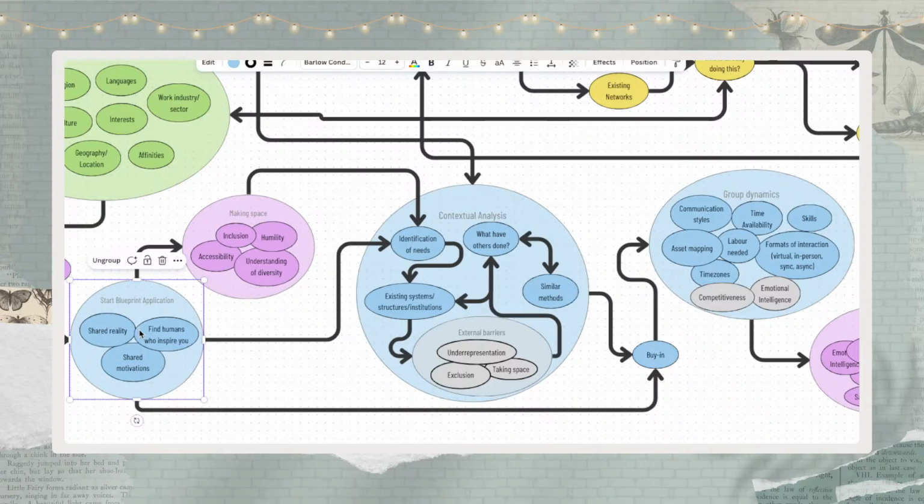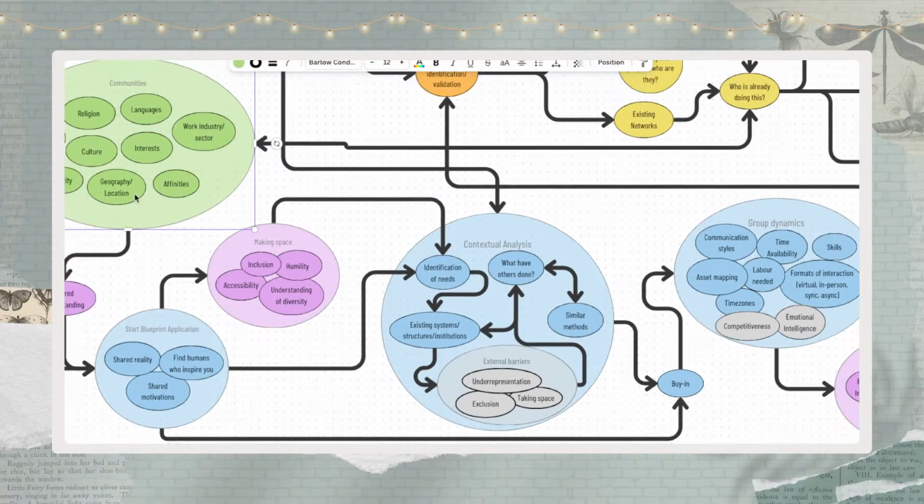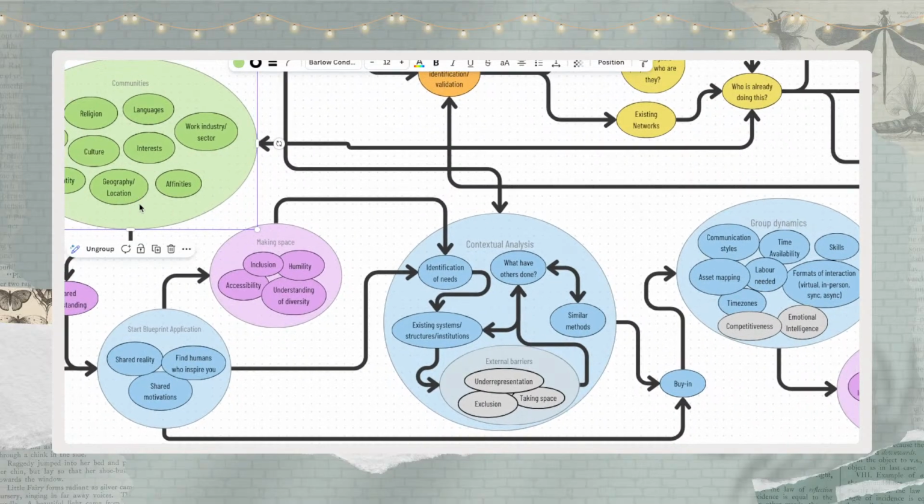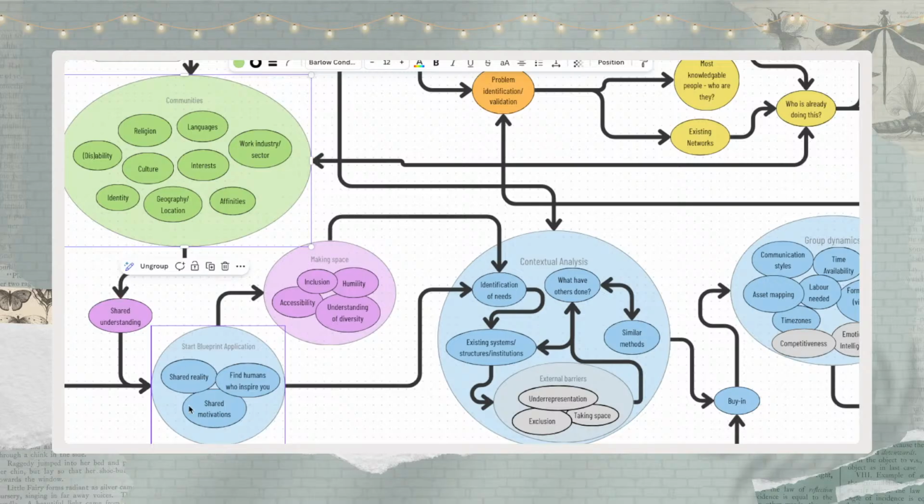We're looking at the start of the blueprint application, which will usually come from some sort of shared reality, some shared motivation. It can be informed by the shared understanding or this previously gathered community, but it also can be for other reasons. So that in and of itself can be the start.